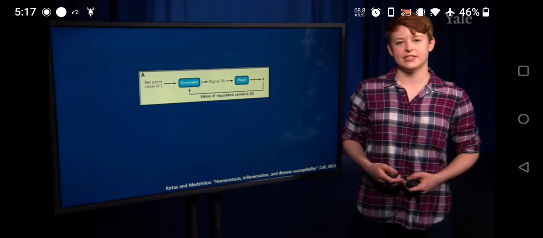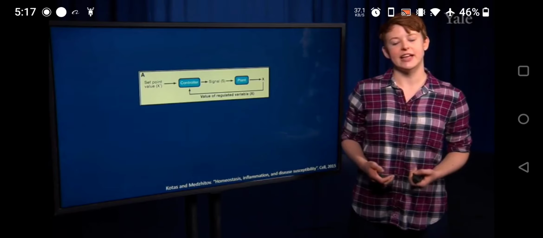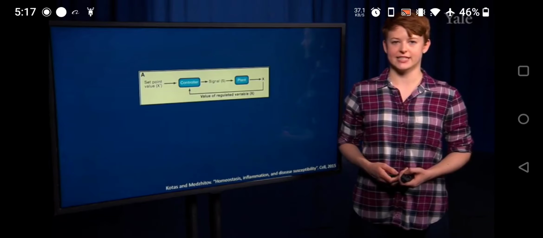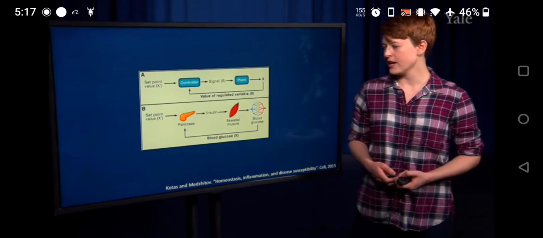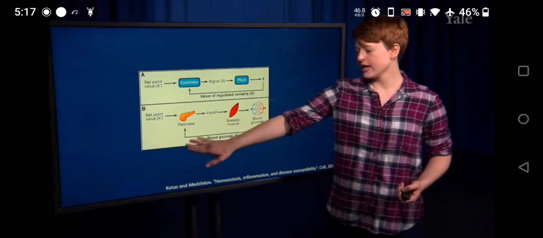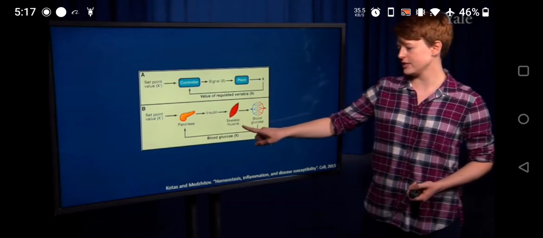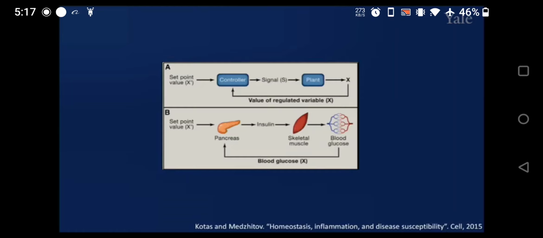So the release of insulin will return the blood glucose down to the value that it needs to be in for healthy tissue function. And you can see that example here. So again, we have our blood glucose. The pancreas senses this and can release insulin to, for example, skeletal muscle.